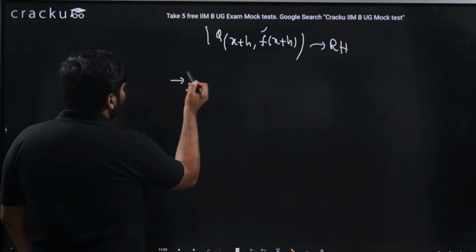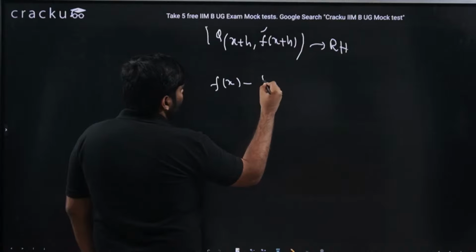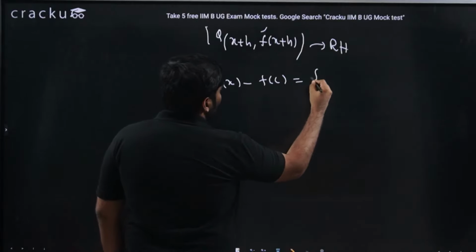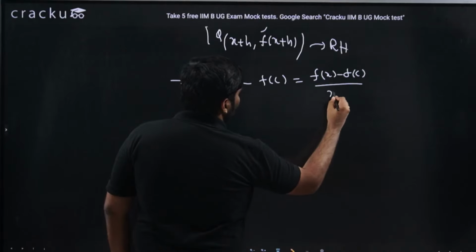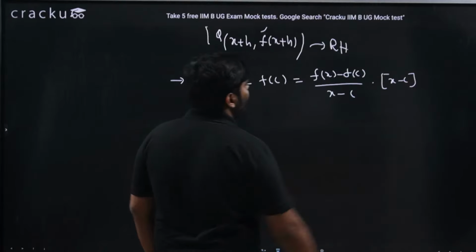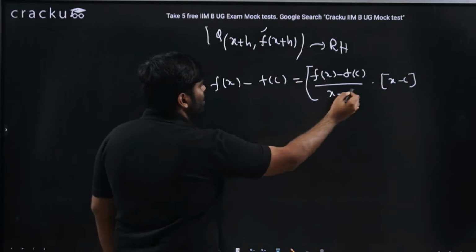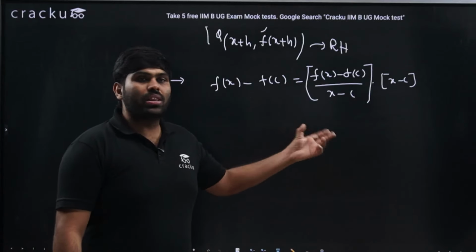what are we inferring? I could say f of x minus f of c is equal to f of x minus f of c by x minus c into x minus c. I can write this; there should not be any issue. Instead of writing f of x minus f of c, I am just dividing and multiplying by x minus c.